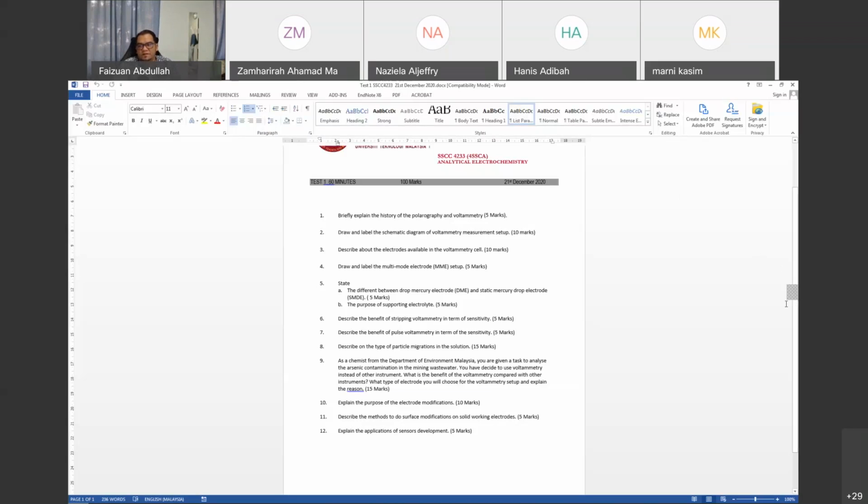Okeylah, kita pass kepada Farah Amirah. Farah Amirah, macam mana supporting electrolyte meningkatkan sensitivity? Farah Amirah.